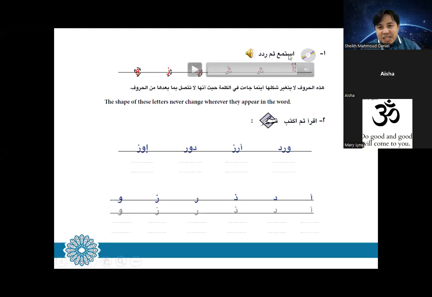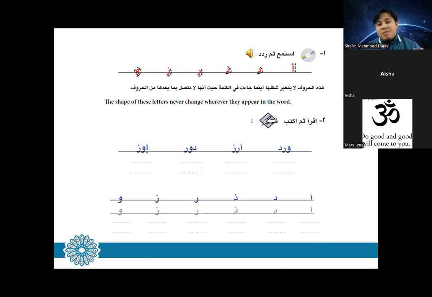Istami': alif, sin, ta, mim, ain, connected to each other. But these 6 letters in front of you will never change the way the meem changes, for example, or the sin changes.